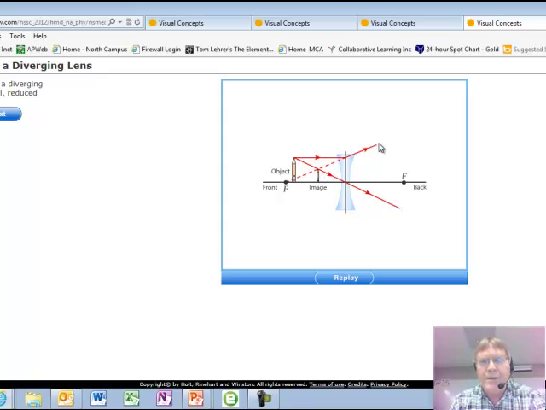So again, as with mirrors, you have to use the rays as they're going away from the lens. In the mirror, we use the reflected rays. Here, we're going to use the refracted rays and follow those back. Where they intersect, that's where the image is.